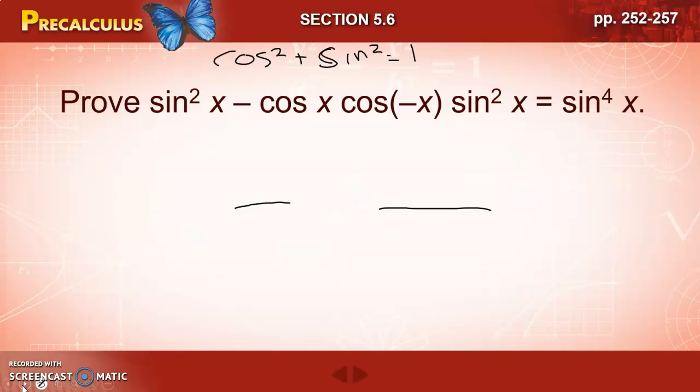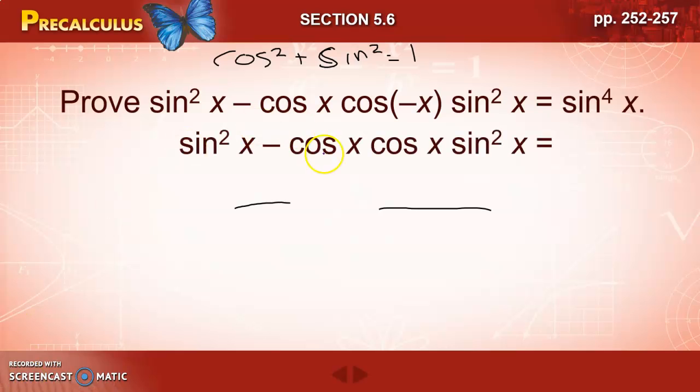All right, let's do a proof. Using some of these identities that we've learned, we're going to prove that sine squared x minus cosine x times cosine negative x times sine squared x equals sine to the fourth x for all instances of x. All right, so the first thing that we want to do is simplify the left-hand side. The right side is pretty easy. We're going to leave that as it is, but we're going to simplify the left-hand side.